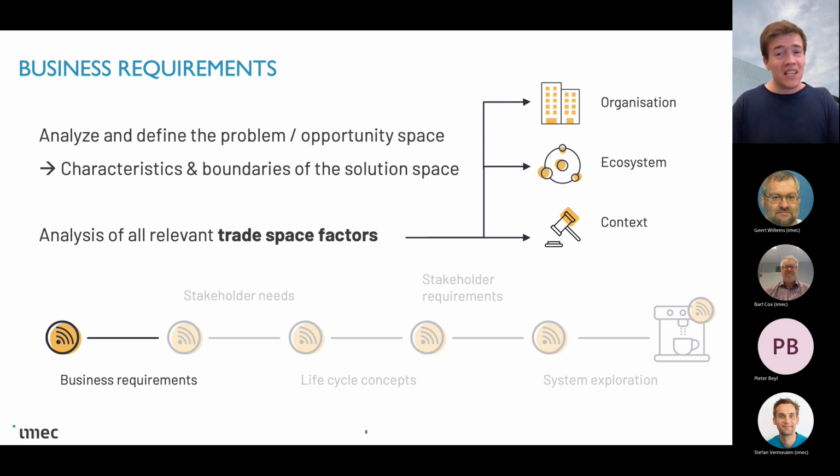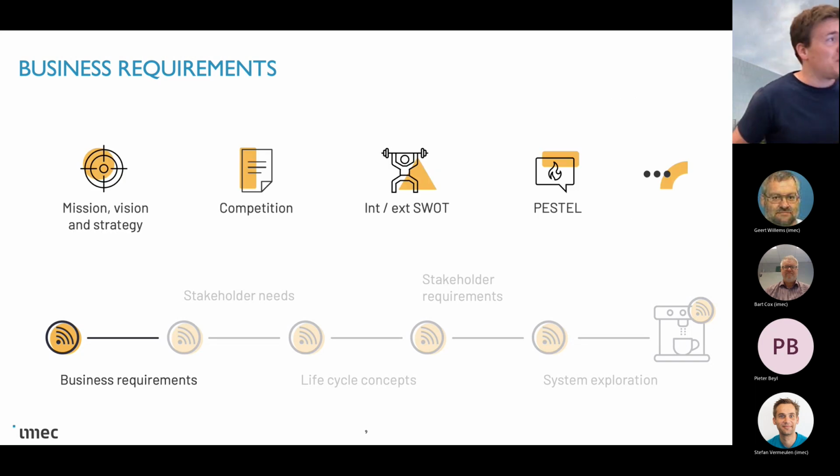So I've made a list of steps or activities that take place as we do this business requirement definition. Basically, I'm going to talk about mission, vision, and strategy, about the competition, and then point out SWOT analysis, and also PESTEL, as Geert already said. But there's, of course, more to it. There are a lot of steps or activities that can take place, and depending on your need, you fill them in as necessary.